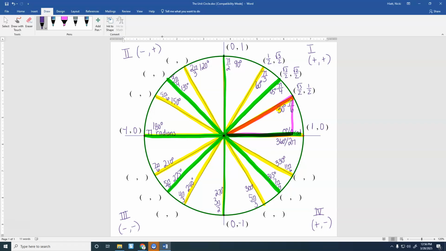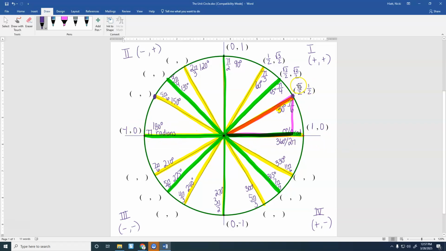So all we really have to do here is think about flipping these points around. So like, for example, if I take this 30-degree point right here, I have got positive square root of 3 over 2 is how far I go over to the right, and 1/2 is how high up I go. If I want to do this coordinate over here in the second quadrant, I need to go to the left that same amount, right?